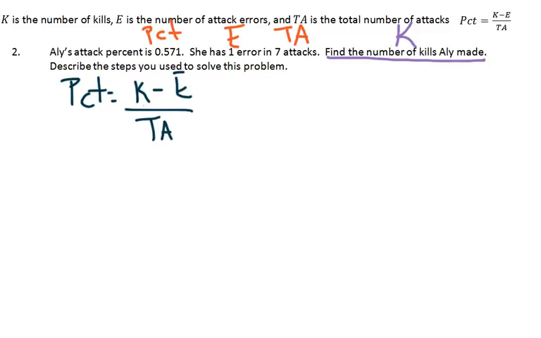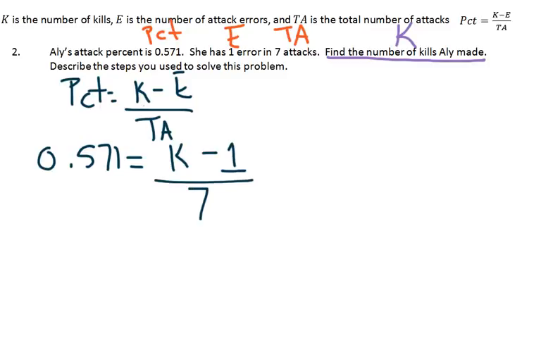Filling in these numbers, we have 0.571 equals K, which we don't know and want to solve for, minus E, which is 1, all over 7 for TA.